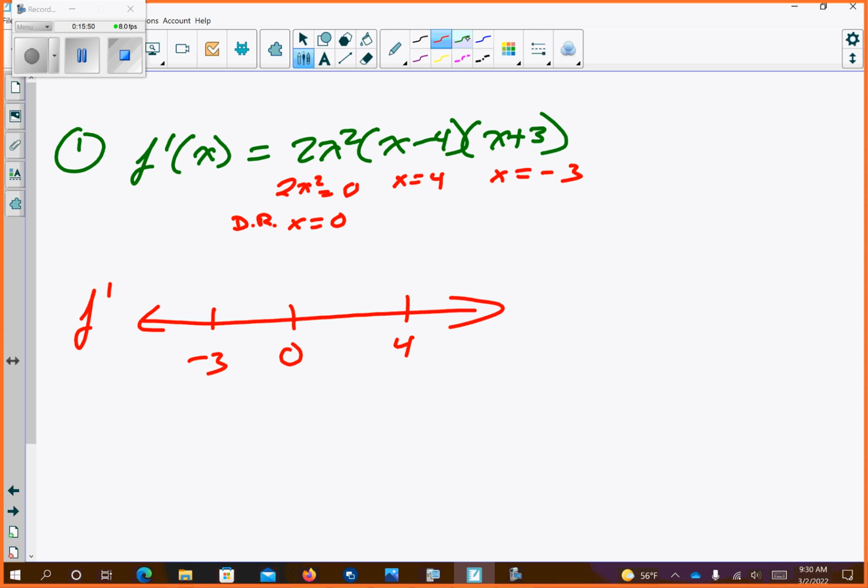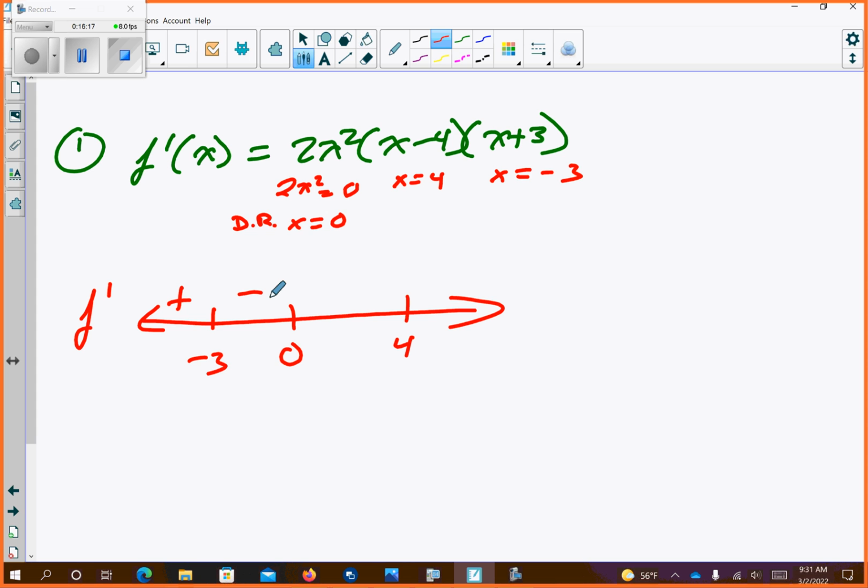So to the left of negative 3 is going to be positive, so it shows increasing slope. If I picked a value like negative 1, excuse me, I get positive, negative, positive. So positive, negative, positive multiplied together should be a negative. So the region between negative 3 and 0 is going to be negative.